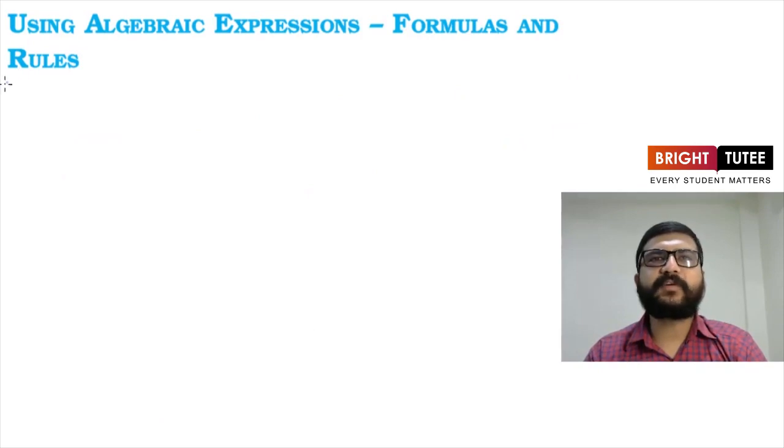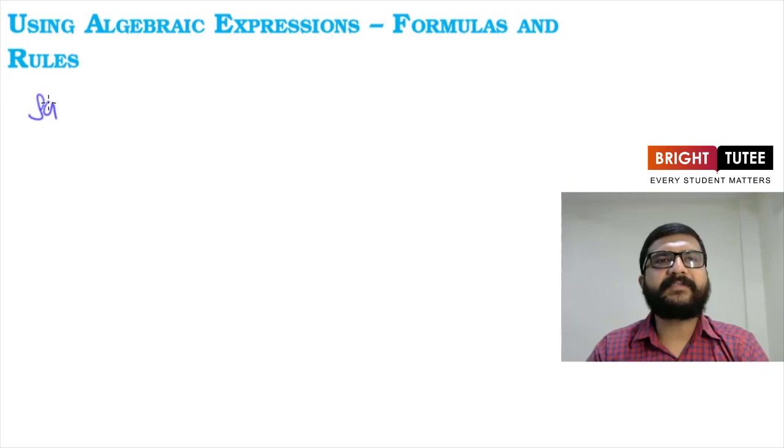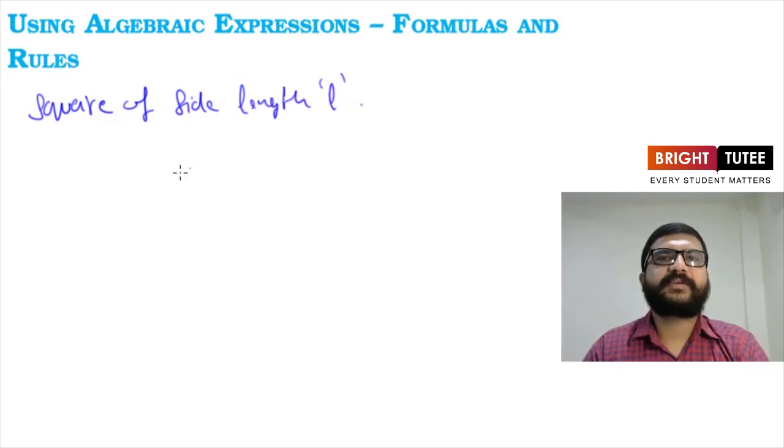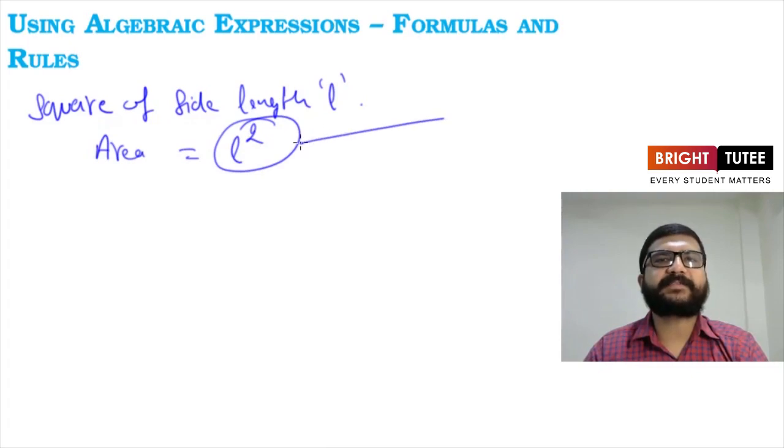Now can we use it for areas also? Yes, we do. Let's say we have a square of side length L. Its area is equal to L square, that is L into L. Now this is again an algebraic expression where L is the variable.